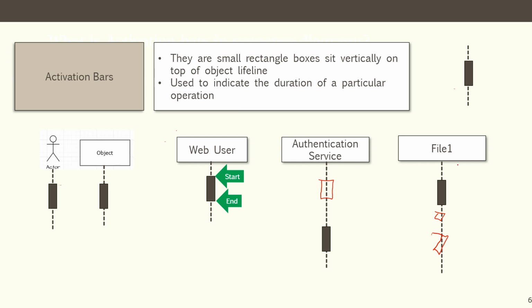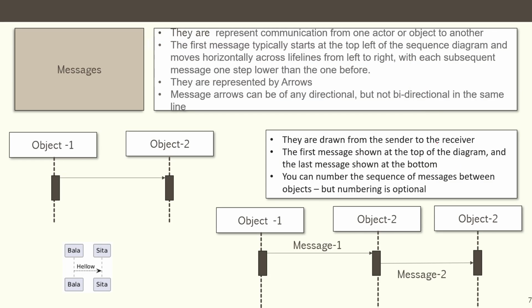We will see it in the next slide. If you look here, we have an object 1 and object 2. And we have an activation bar which starts here. And this is connected to another object with a proper arrow. That's nothing but the message in a sequence.